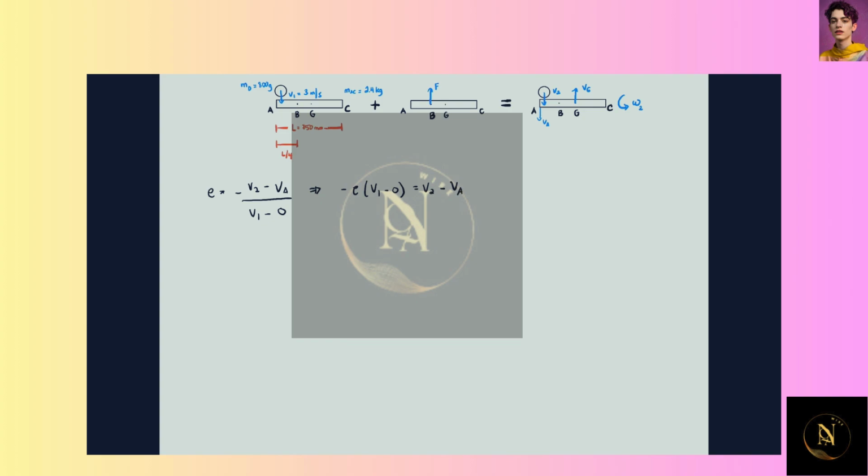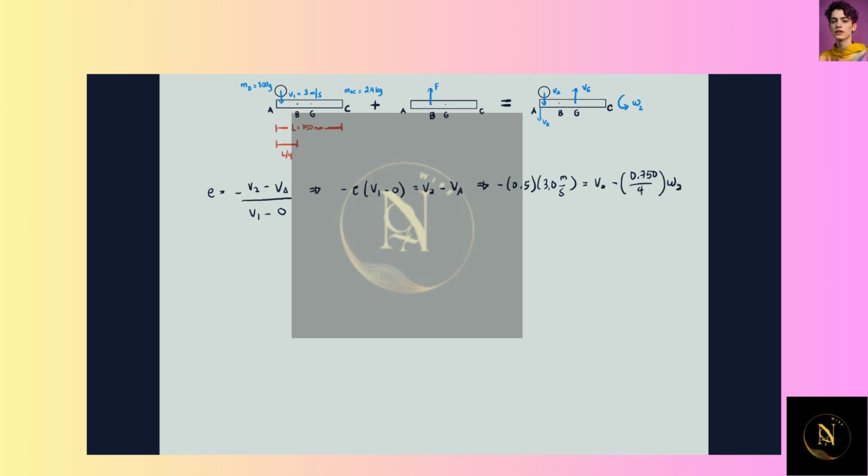Substituting the values, negative 0.5, because it's given in the problem that e is 0.5, times 3 meters per second, minus 0, equals V2 minus 0.750 over 4 times omega 2.